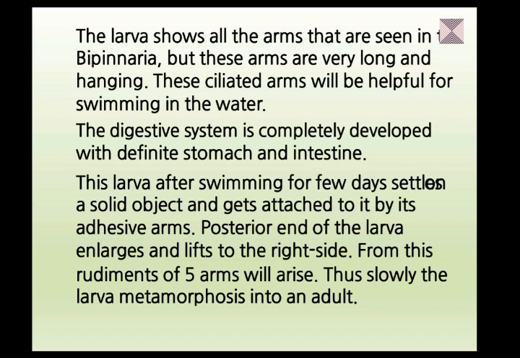Thus, slowly, the larva metamorphoses into the adult. Now, these are the rudiments of the 5 arms of the starfish, which are developed from the Brachiolaria larva. So, ultimately, they will be metamorphosing into an adult.